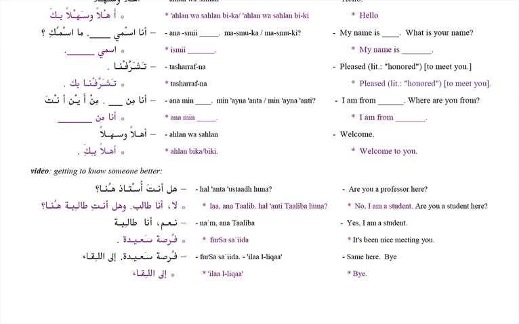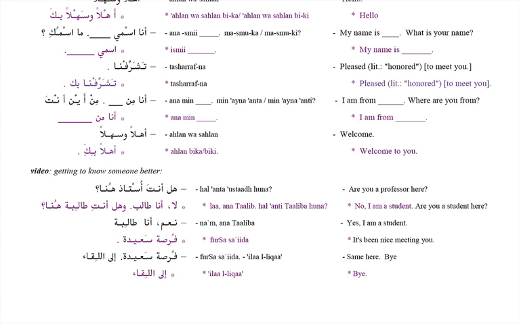Are you? هل أنت أستاذ, professor or teacher, هنا, here. Remember, أنت أستاذ means you are a teacher. هل أنت أستاذ? Are you a teacher? لا أنا طالب. No, I am a student. So أنا, I; طالب, student.